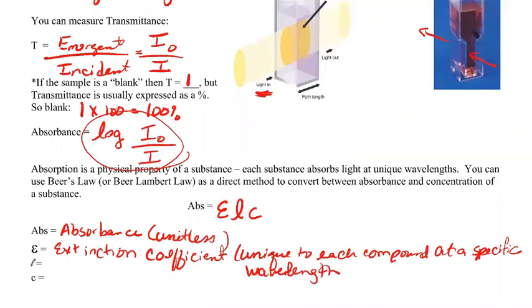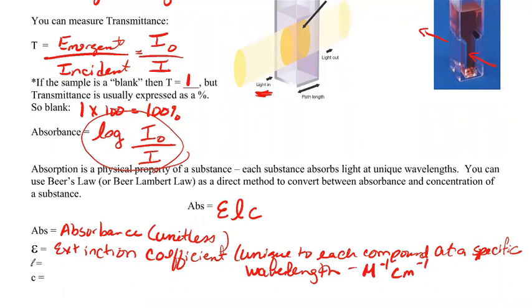So each unique compound has a specific extinction coefficient at a particular wavelength. And so the units on that are going to be 1 over molarity times 1 over centimeters, which is centimeters to the -1.